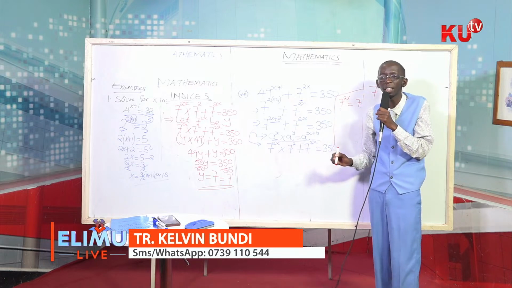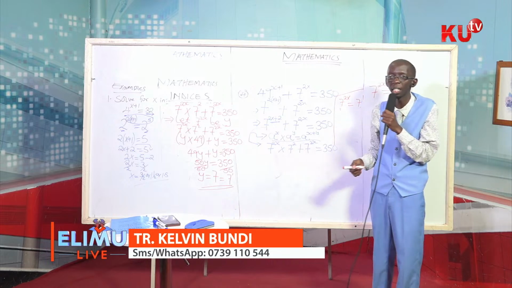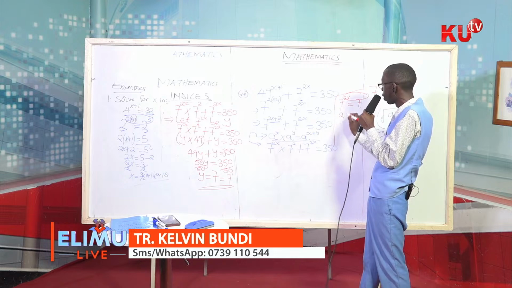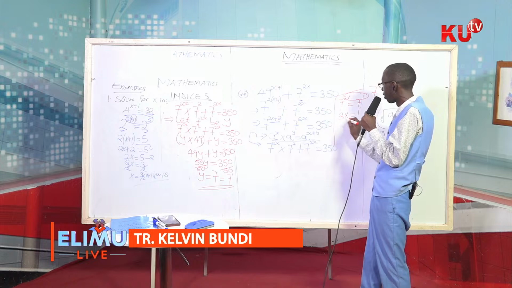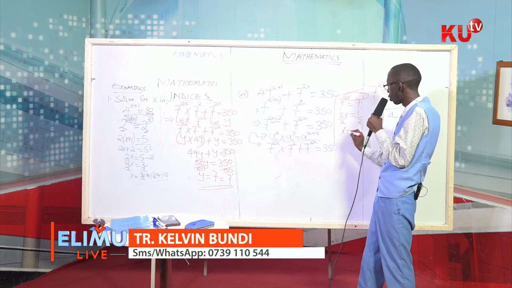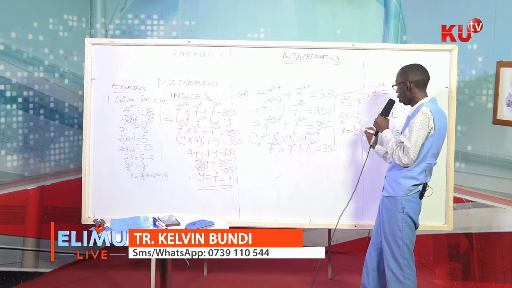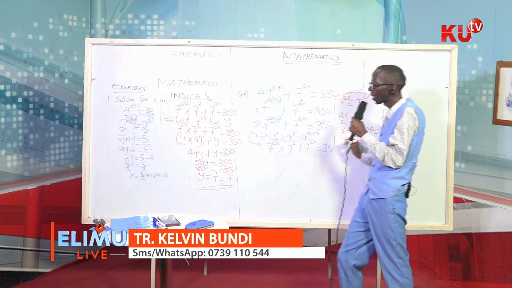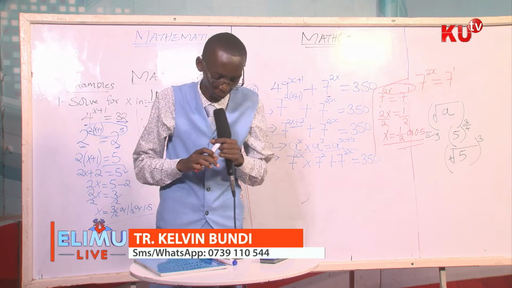The bases are the same, therefore equate the powers. So we'll have 2x is equal to 1. Divide by 2, and the value of x is 1 over 2 or 0.5. That is how you do such kind of a question.